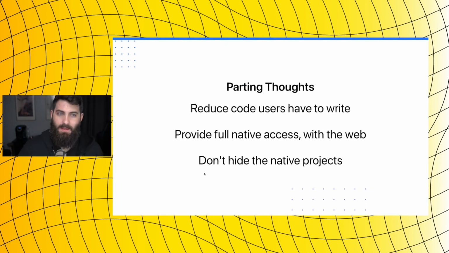Now, kind of wrapping up, I want to come back and think about the goals, the ideas, and what we kind of discussed here, right? Cross-platform doesn't have to be terrible.